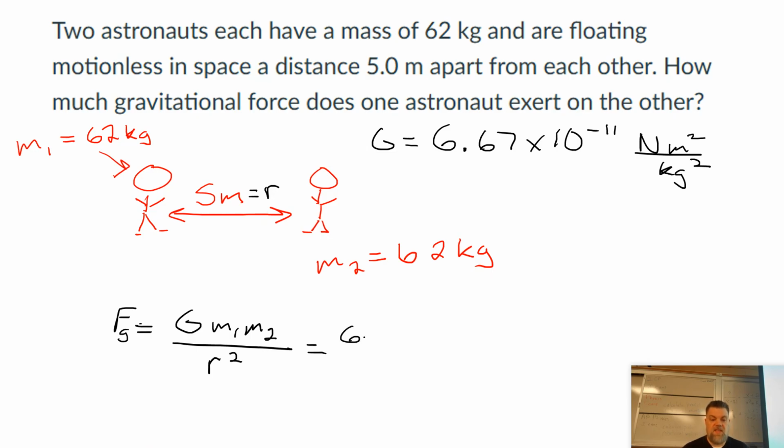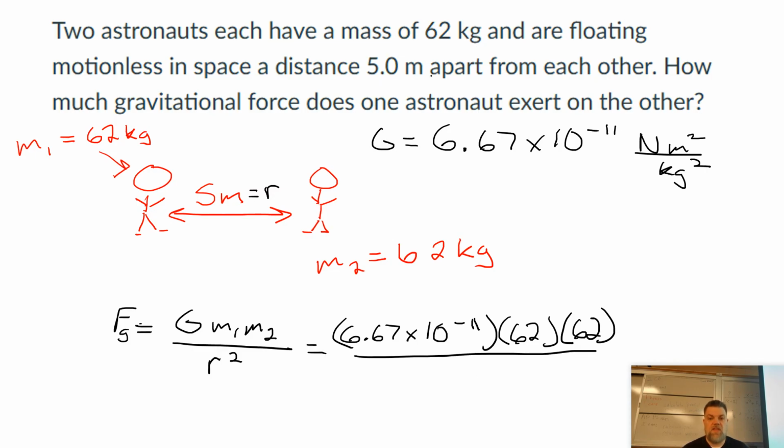So I'm going to say 6.67 times 10 to the negative 11 times the mass of the first person, which is 62, times the mass of the second person, which is also 62. And it's 5 meters apart, so divided by 5 squared, which is 25.